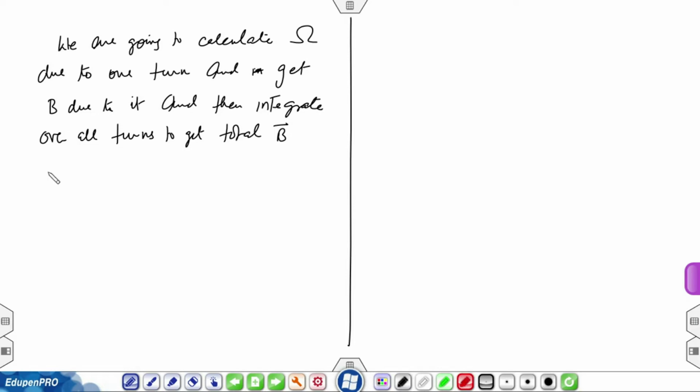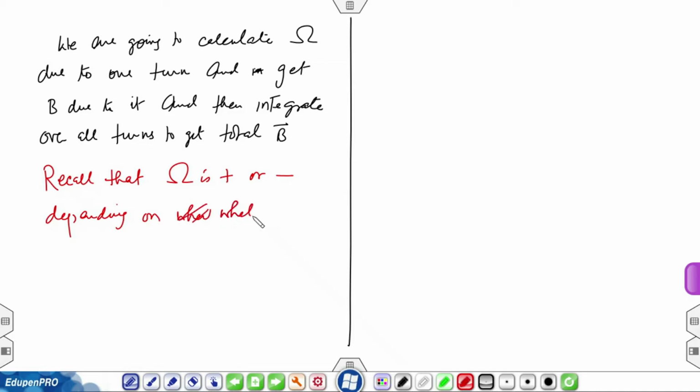Recall that omega is positive or negative depending on whether the point P is inside or outside the loop.